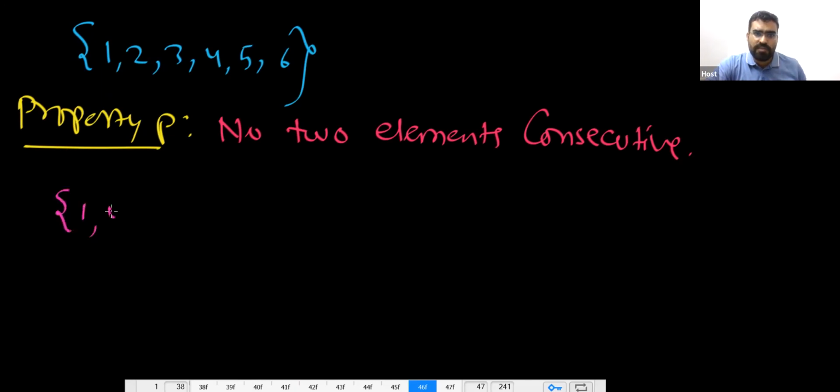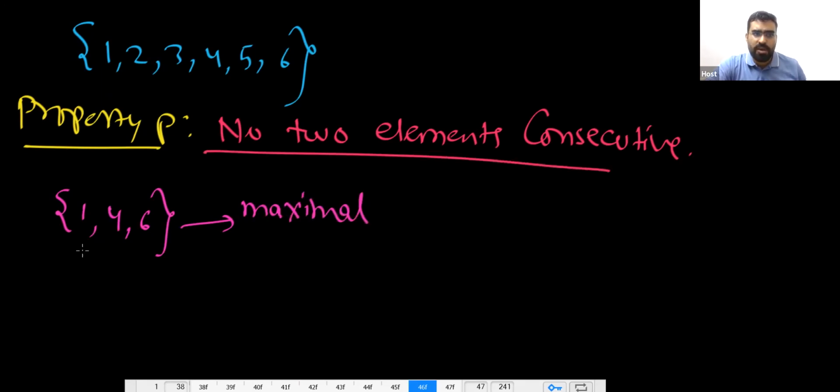For example, this {1, 4, 6}. You can clearly see this is maximal. What is the maximum you can create with this property, no two elements consecutive? You can create, for example, {1, 3, 5}.